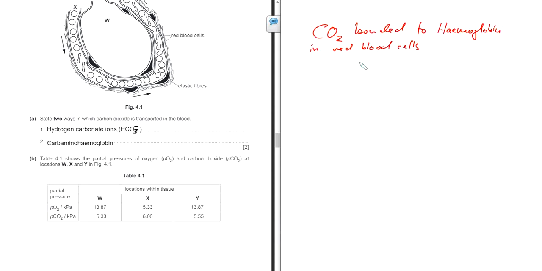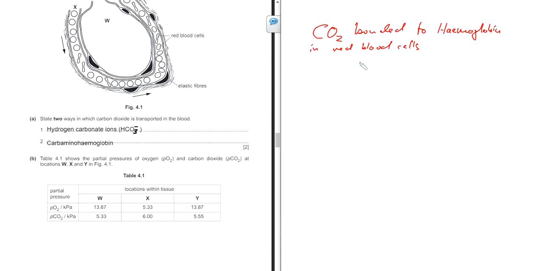That means that where carbon dioxide concentrations are high, usually in respiring tissues where oxygen is needed, the affinity of hemoglobin for oxygen is low, meaning hemoglobin will release more oxygen. So it's not only about transporting the CO2, it's as well about reducing the affinity for oxygen to release the oxygen from the hemoglobin.